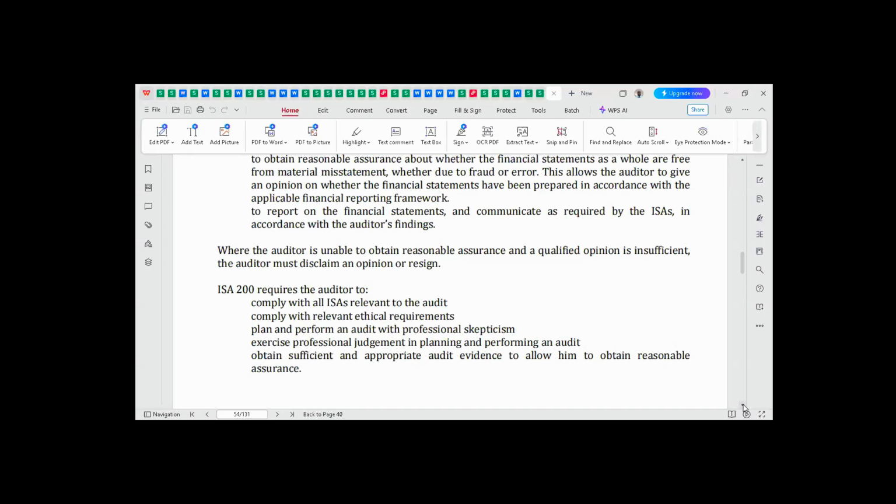Number three, the auditor must ensure that he plans and performs an audit with professional skepticism. Now, what do we mean by professional skepticism? The auditor needs to plan and perform an audit with professional skepticism. What do we mean? As an auditor, you must have an attitude of what? Professional skepticism. You must have a probing mind. Okay?